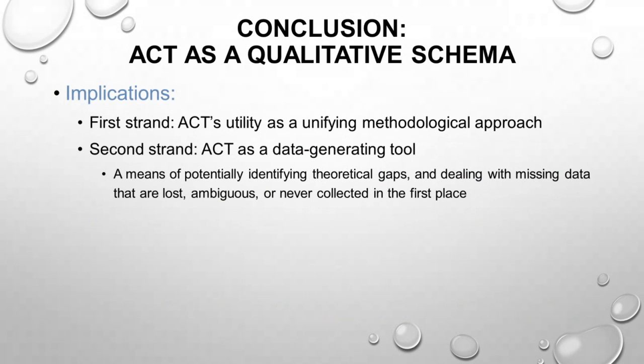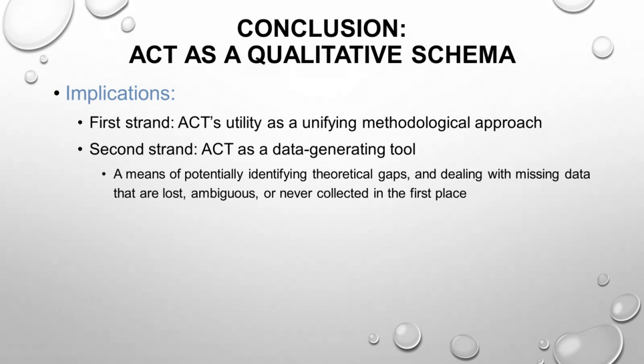Literally, we're using the same theory to approach things through mathematical simulation, through survey, through ethnography, through qualitative interviews, through historical document analysis, a whole variety of ways. And then we're able to confirm one another's results using different methods. So that's a huge benefit both for ACT and for the field in general.